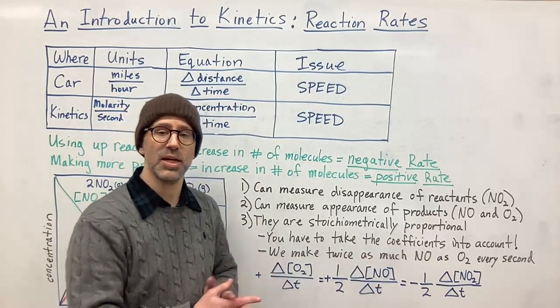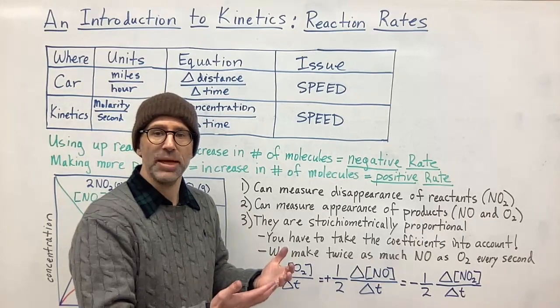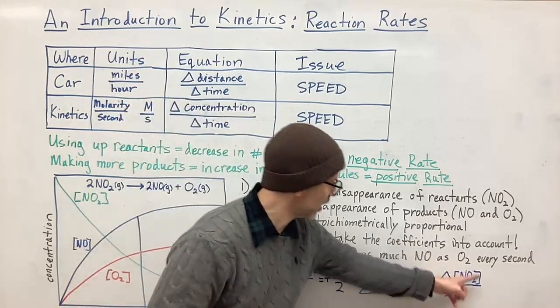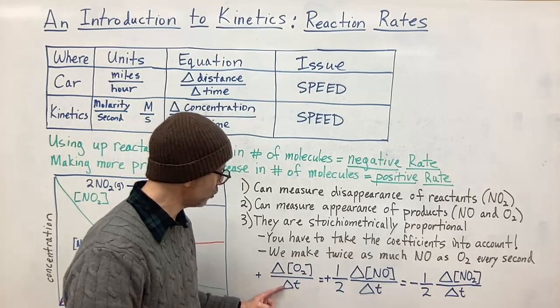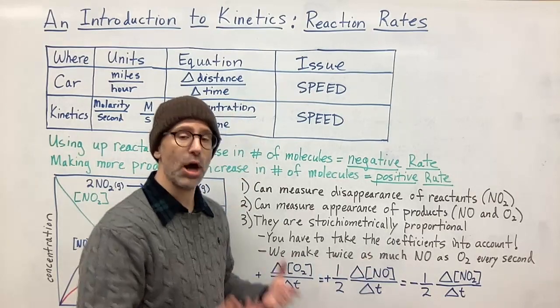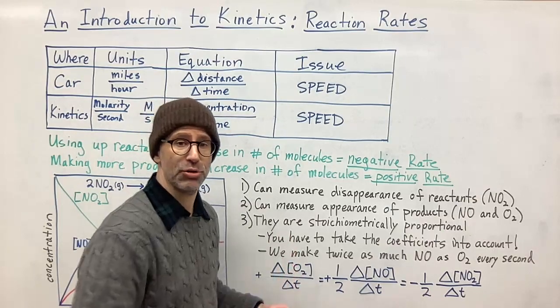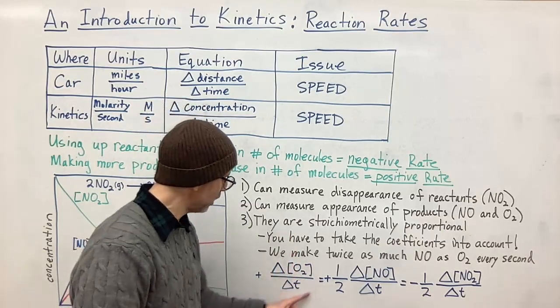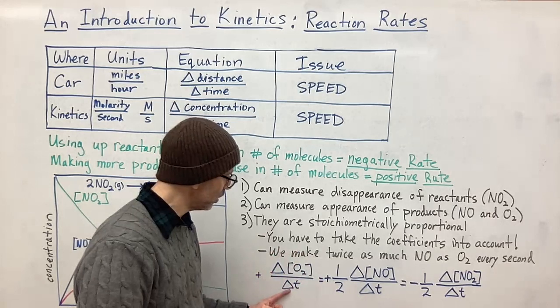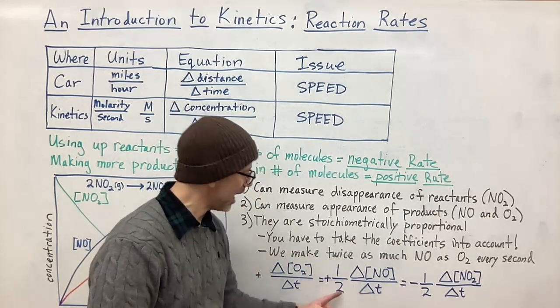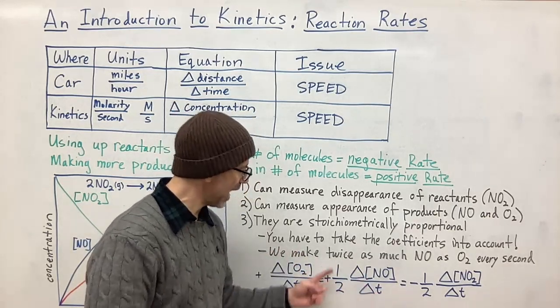Which makes sense, because if I'm going to compare the reaction rate of O2 to NO, and I know I'm making twice as much NO as O2, then the rate of change with respect to O2 is going to be half that of NO. So I take half of that.